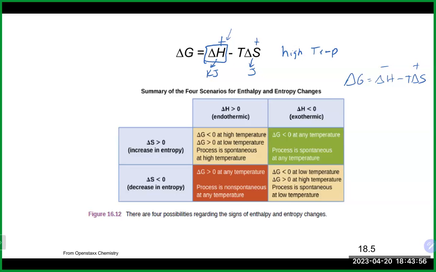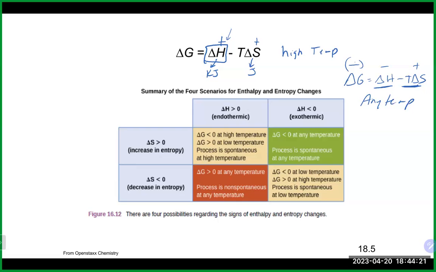Well, in this situation, any temperature you put in here is going to result in a negative number here. And this one is already negative, which means no matter what you do to it, your delta G value will always end up being negative, which means this reaction would be spontaneous at any temperature.